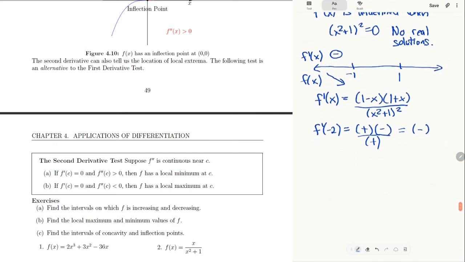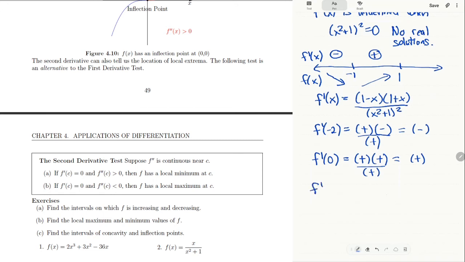Now let's choose a number between negative 1 and positive 1. For example, we can choose 0. If x is equal to 0, then we have a positive number times a positive number divided by a positive number, and this will give us a positive number.